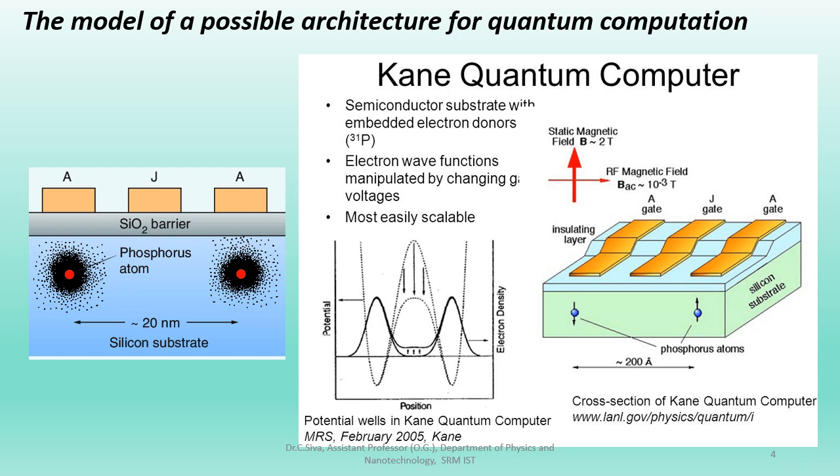The design must support qubit initialization, manipulation, coupling, and readout, while preventing decoherence. This slide serves as a bridge to the Kane model, one of the earliest solid-state quantum computing proposals.